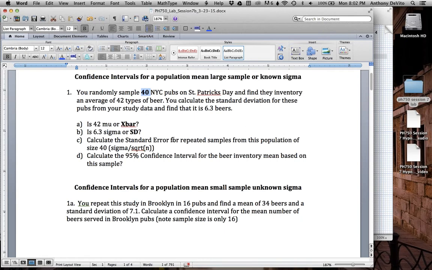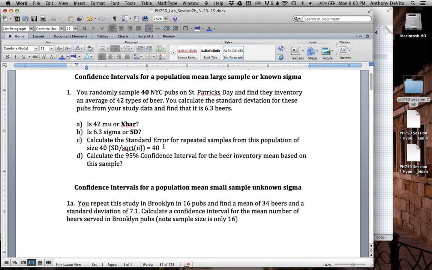Okay, calculate the standard error for repeated samples from this population of size 40, and that's equal to sigma, or in our place, the standard deviation over the square root of n. I can use the standard deviation because that's the only thing we know. We don't know the population standard deviation. So what's that going to be?